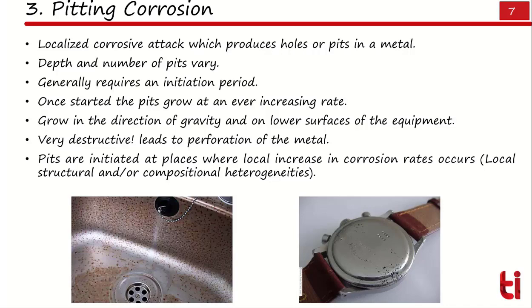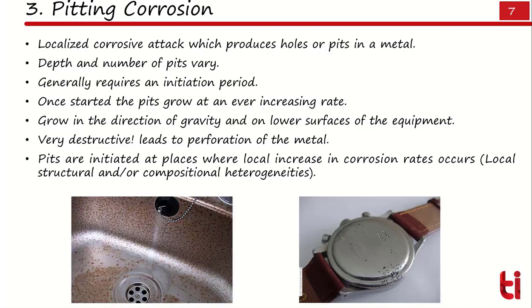Generally, pits grow in the direction of gravity, and mostly appear on the lower surfaces of the equipment, which is generally least visible. It is a very destructive kind of corrosion, leading to the perforation of the metals.